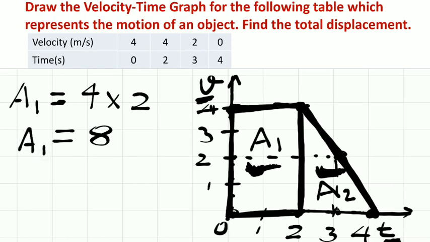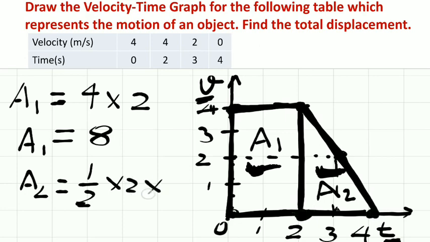Now we need to calculate A2. The area of triangle is given as half base into height. Watch here. The base is this. Base is from 2 to 4. When this is from 2 to 4, we need to subtract 4 minus 2. 4 minus 2 becomes 2 into height.